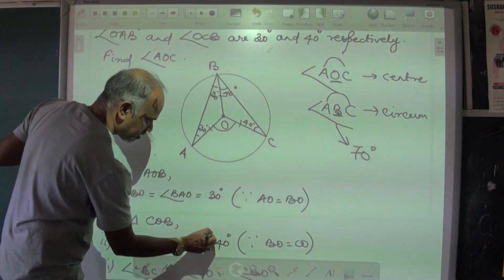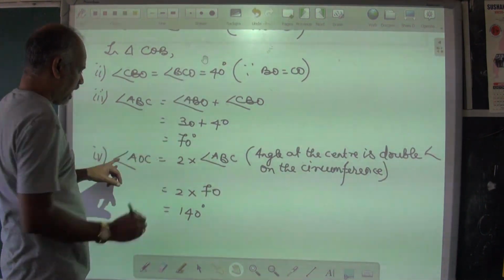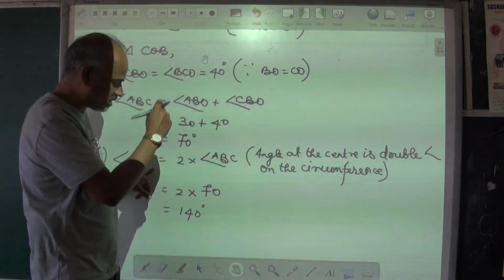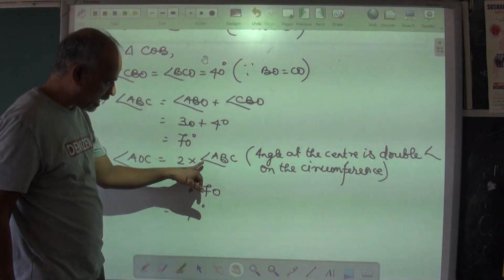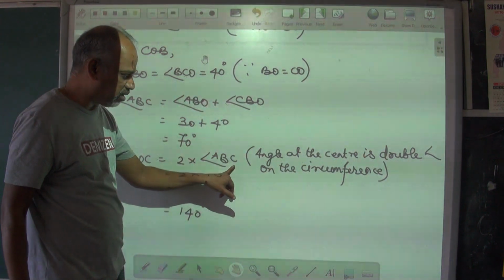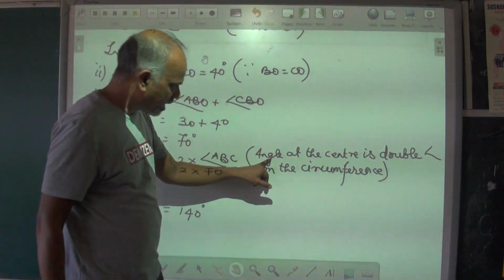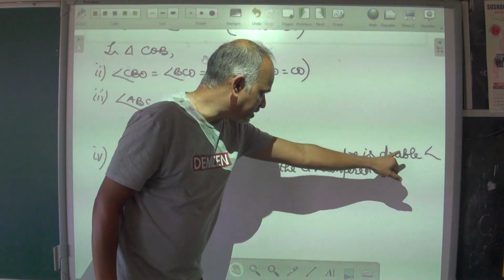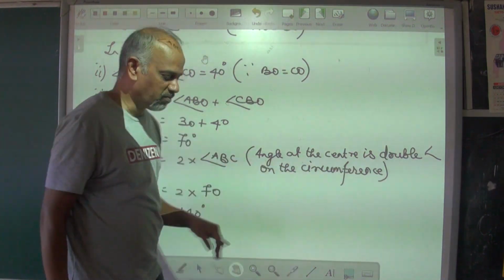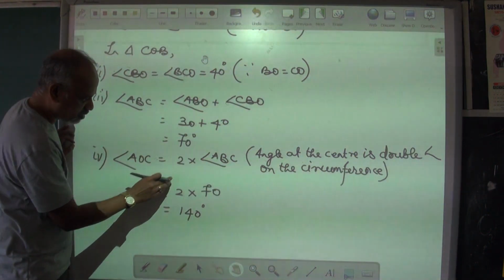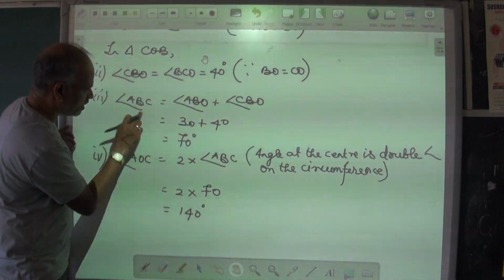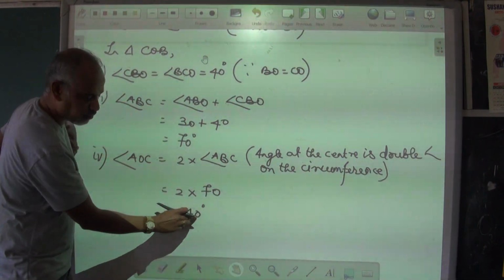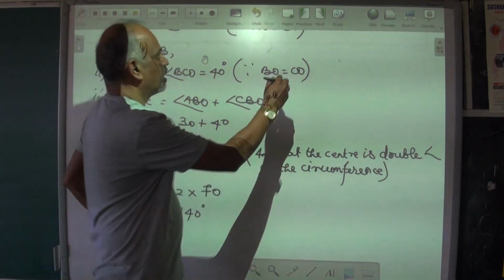So the last statement is angle AOC, which is at the center, is double angle ABC, the angle on the circumference. Reason: angle at the center is double angle on the circumference. So that gives you 2 into ABC, which is 70, that is 140 degrees. Next question.